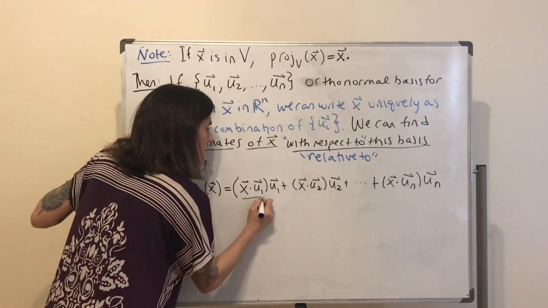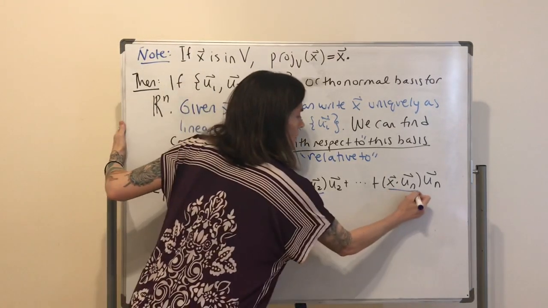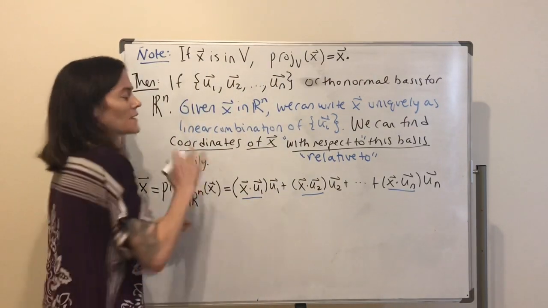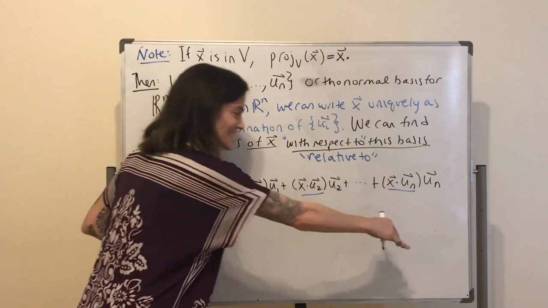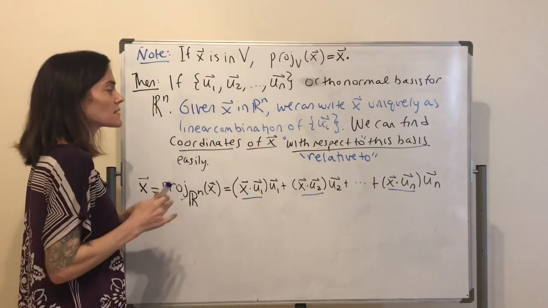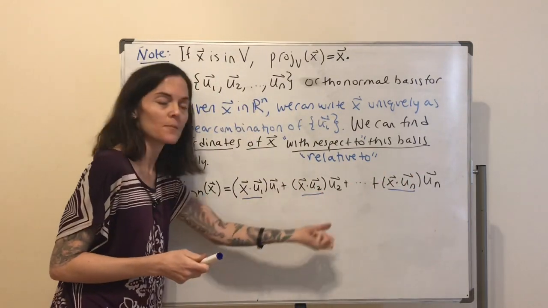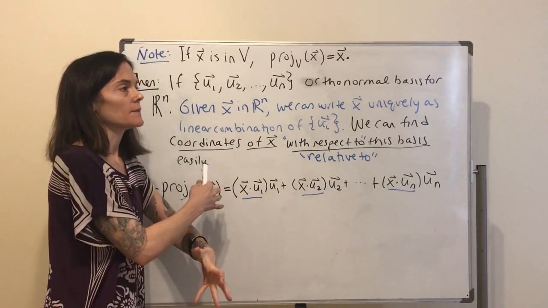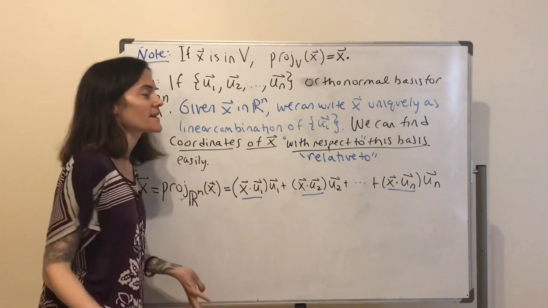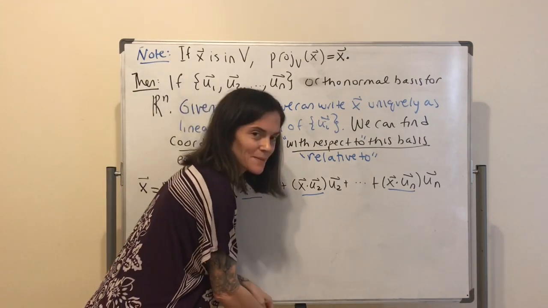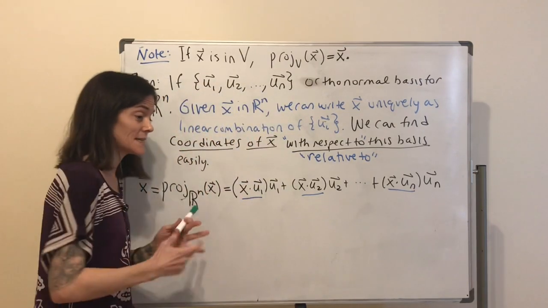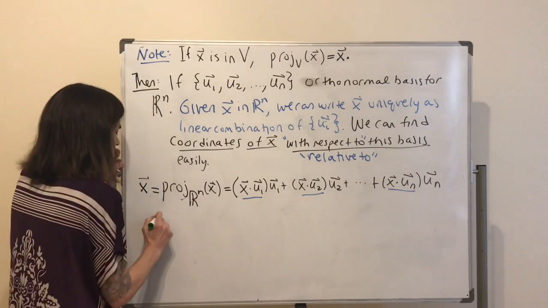This is coordinate 1, coordinate 2, coordinate 3, out to coordinate n, because they are the coefficients that appear in front of the basis vectors in this linear combination. It's very much like, and I'll do an example in a moment, something familiar.